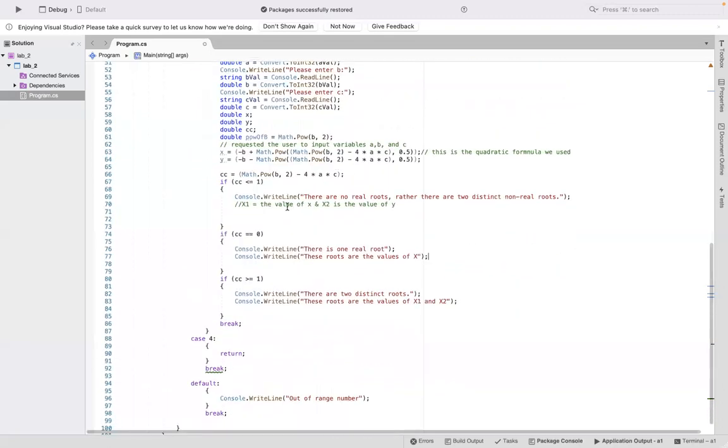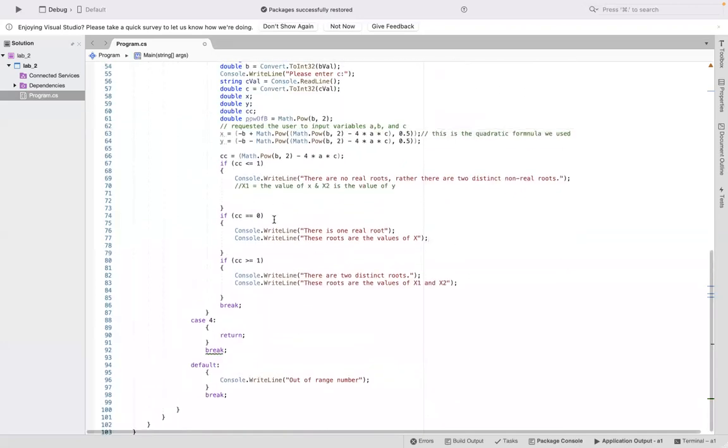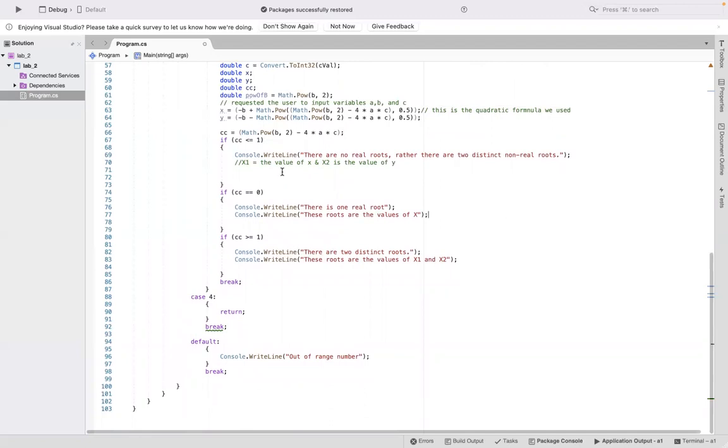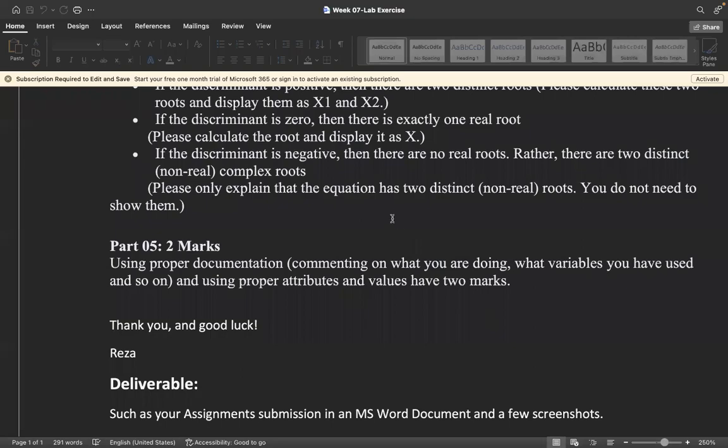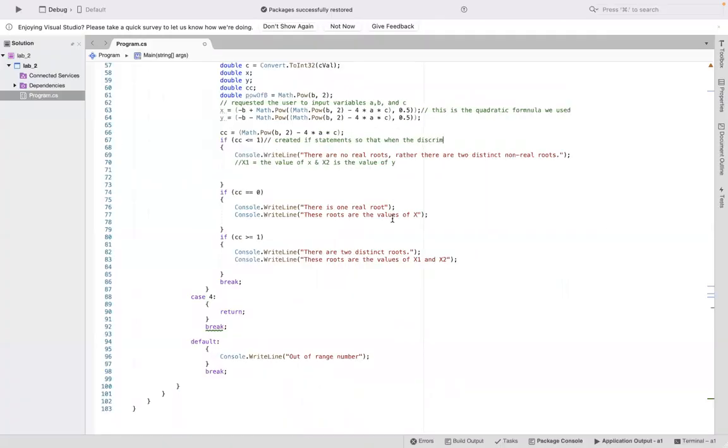That's it, right? Well, we still have to add a few more comments for this area, and then we'll be done. So, oh, okay. No, it's negative, right?